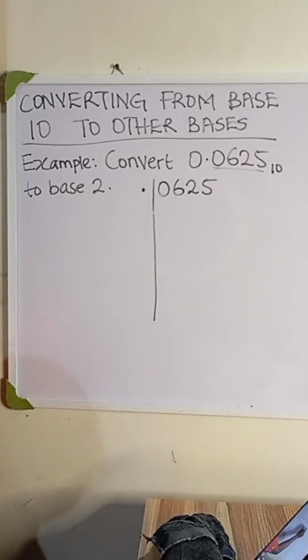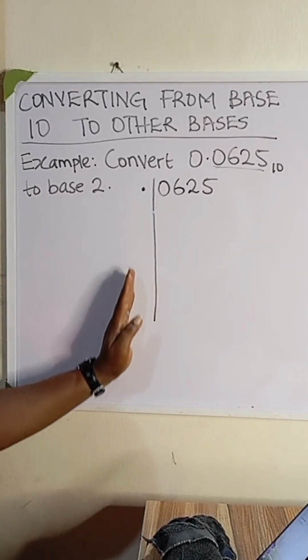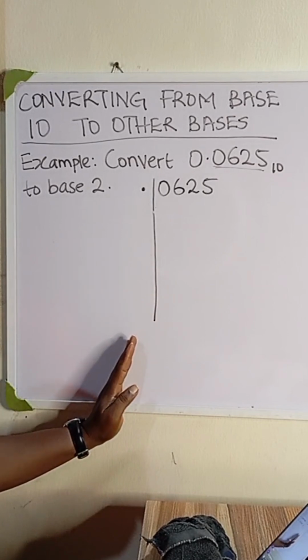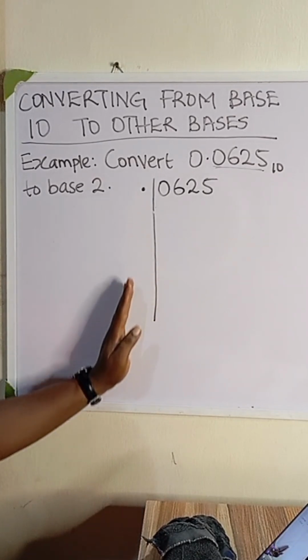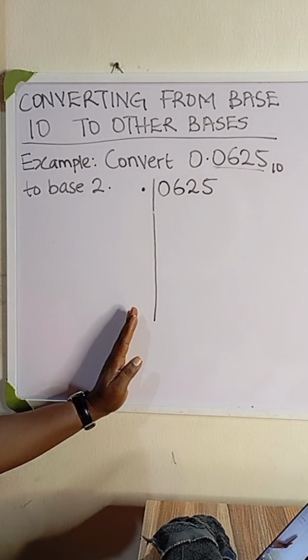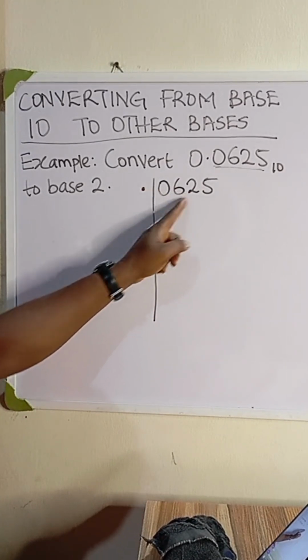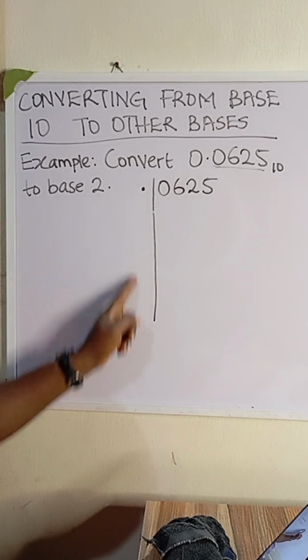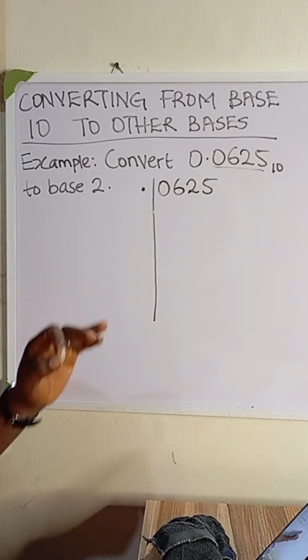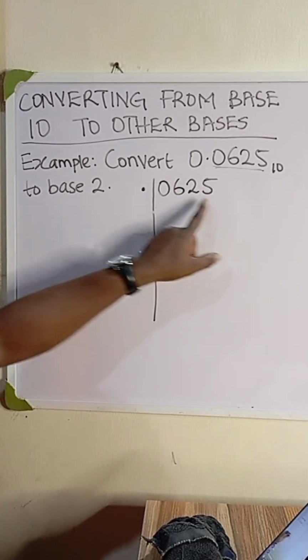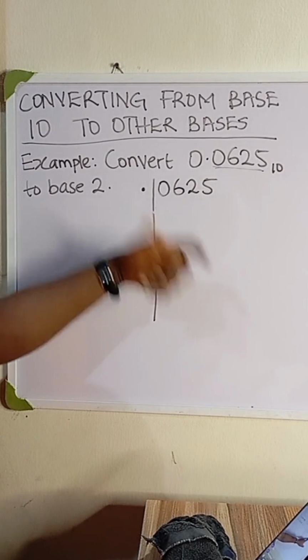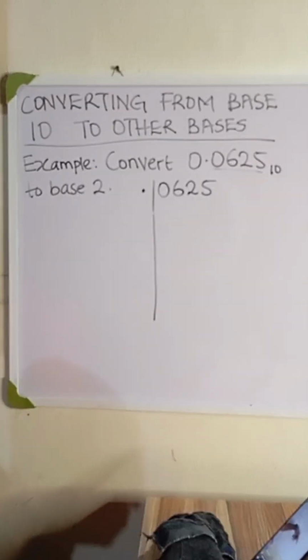Okay, so any value that will come here will become a decimal value in base 2. Any value that will be under this decimal point will be the equivalent of this in base 2. So as I said, instead of dividing by 2, you repeatedly multiply this by 2. So let's look at it.